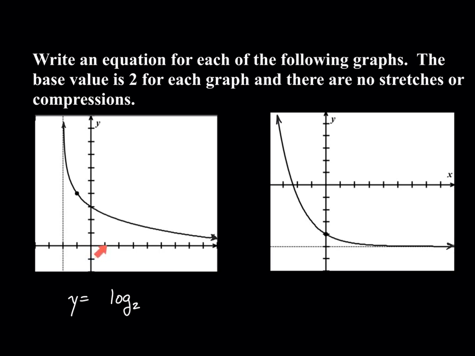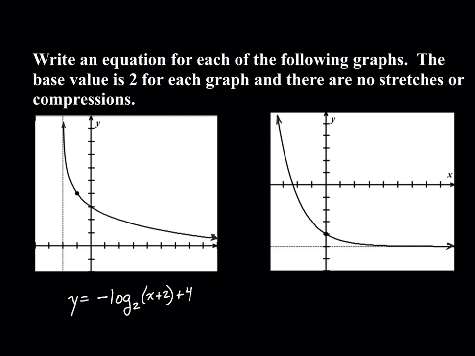That point has been transformed by shifting to the left 2 units and up 4 units. So left 2 and up 4. All right, so when we do that, that's going to give us an x plus 2 and then a plus 4. Then we also have a reflection over the x-axis, which is a negative out in front of our logarithm.